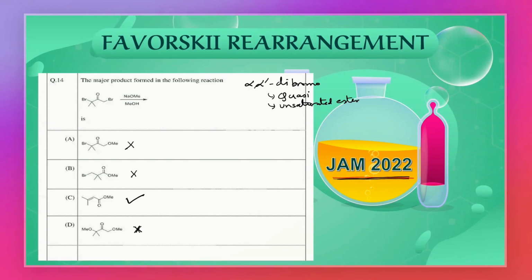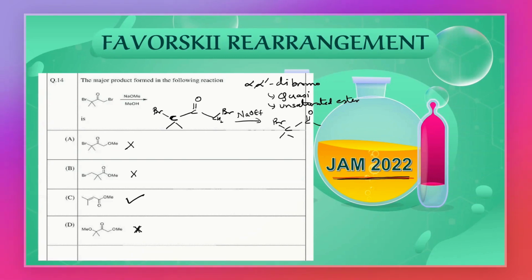Very simple. So if you study the mechanism in detail, you can surely get to the right answer in no matter of time, very quickly. But let me do this rearrangement for you. So I have Br, the gem dimethyl group, and CH2Br. Okay. So I take sodium ethoxide. Since this carbon does not have a hydrogen, obviously this carbon will be relieved of the proton.